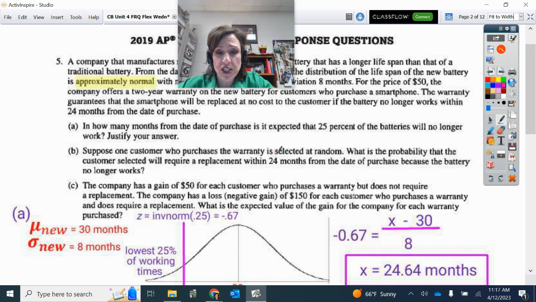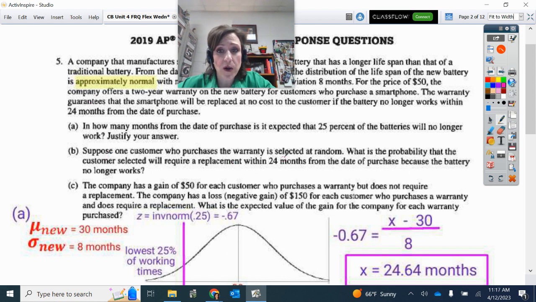Suppose one customer who purchases the warranty is selected at random. So this is a person who bought the warranty. Let's review that real quick. For a price of $50, that guarantees that the battery would be replaced at no cost to the customer if it does not work longer than 24 months. So if it quits working within 24 months from the date of purchase.